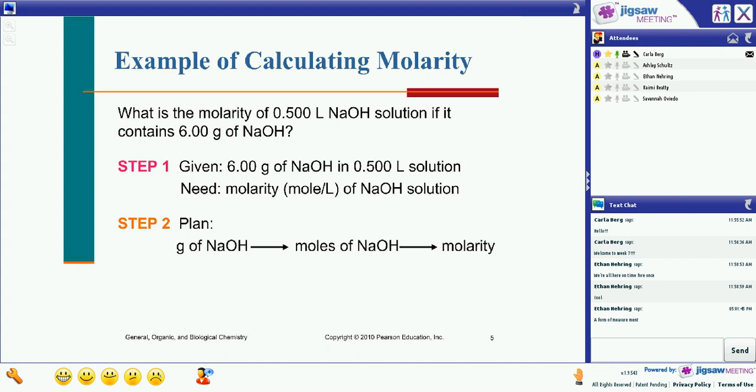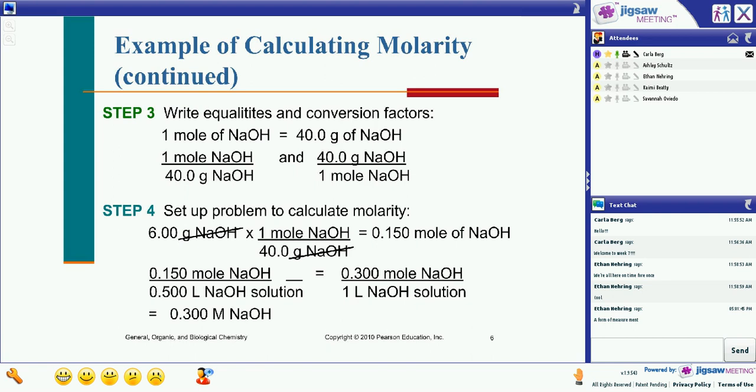All right, so let's go to the next step. Step 3 and 4 are on this page. Now, step 3 says write the equalities and conversion factors needed. I'm going to give you 1 mole of sodium hydroxide equals 40 grams of sodium hydroxide. Easy enough? We've got that. Now I need to write my conversion factors.